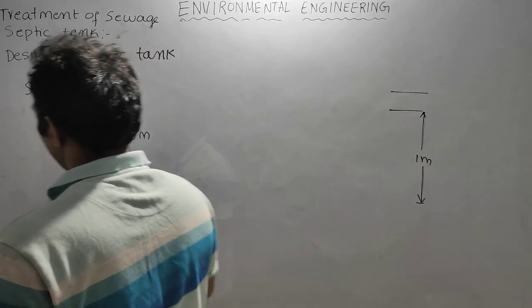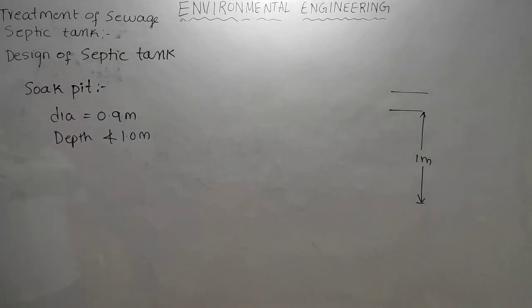The soak pit should have at least a depth of 1 meter. After digging this pit, all the depth will be filled with broken brick bats, a material having adsorption capacity as well as porosity. That means whatever effluent goes will go into the deep layers of the earth's crust. So likewise, generally the soak pit will be present.